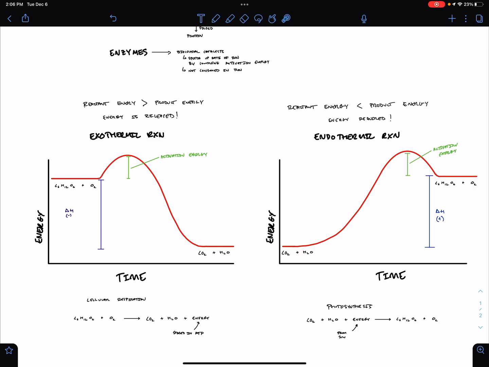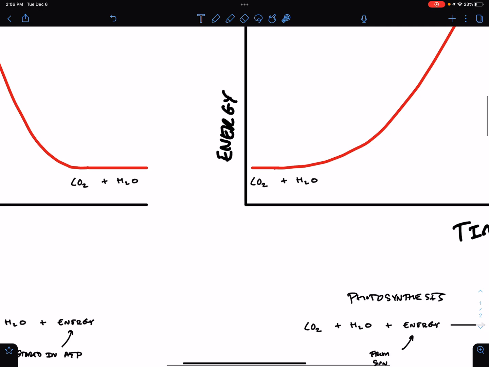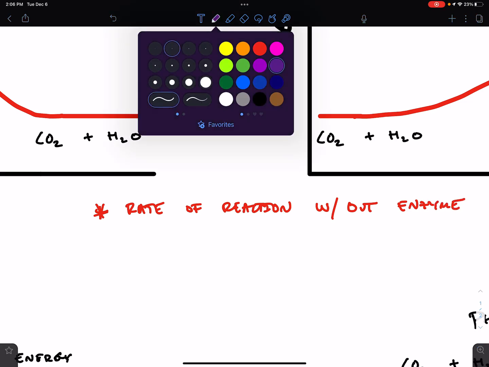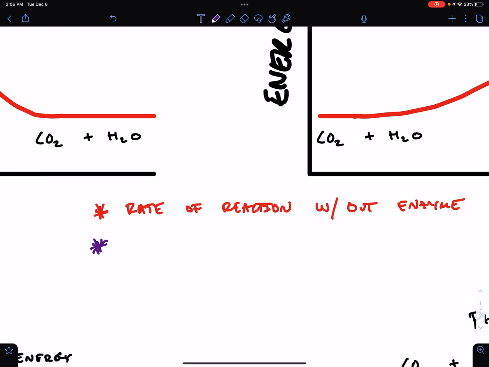Okay, so why are we diagramming this all out and also talking about enzymes? Well, we said before that enzymes are biological catalysts that speed up the rate of reaction by lowering the activation energy. So if our red line depicts the rate of reaction without an enzyme, then this purple line is going to depict our rate of reaction with an enzyme.